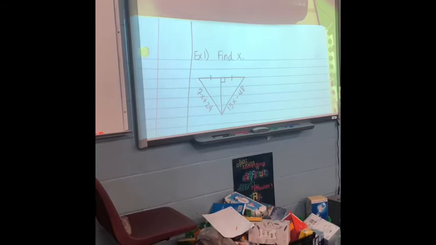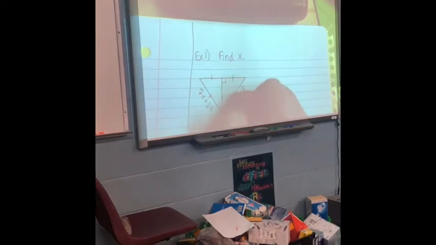And it's asking us only to find X. And the theorem says that if I have the perpendicular bisector, it bisects this segment, and any point on this that goes out to the endpoints of the segment will also be what? Congruent, or equal distance is what it says, right? So that means this piece is congruent to this piece, and that means those expressions are what?